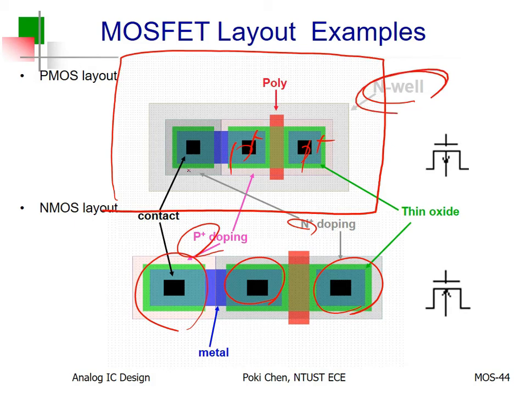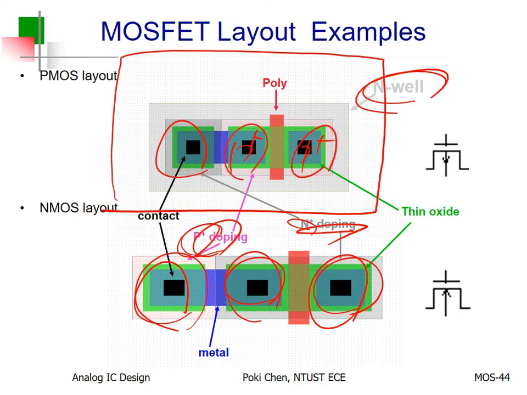So you need N plus doping. Okay? So you can see, for NMOS, only the source and drain are N plus doping. The body should be P plus doping. On the contrary, for PMOS, only source and drain are P plus doping. The body should be N plus doping.